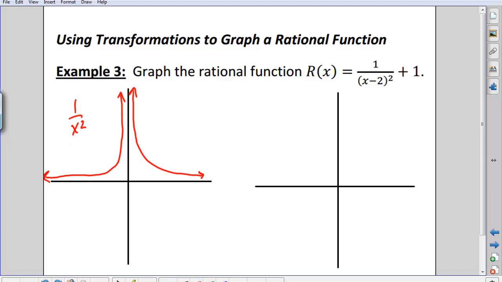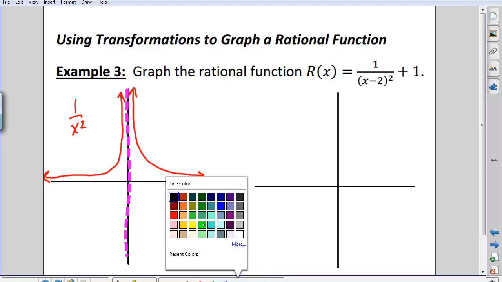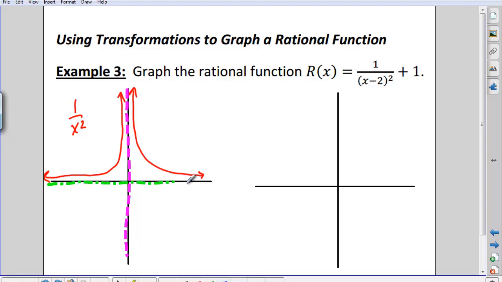Remember, we have these asymptotes at those axes. Okay, so what happens when we do a plus 1 to our base function? That's a vertical shift up, right? So it's going to go up 1. So what that's going to do is it's going to actually move that horizontal asymptote up 1. And if we do minus 2 there inside where that x is, that's a horizontal shift to the right 2.